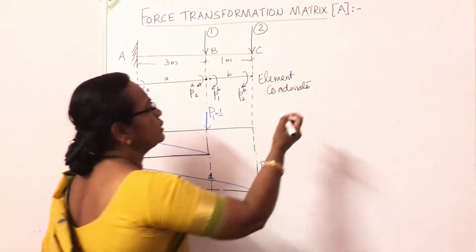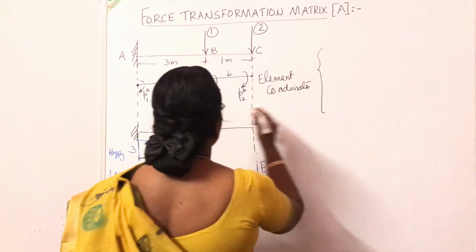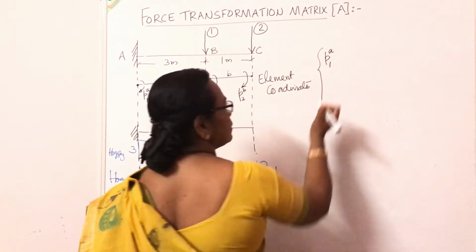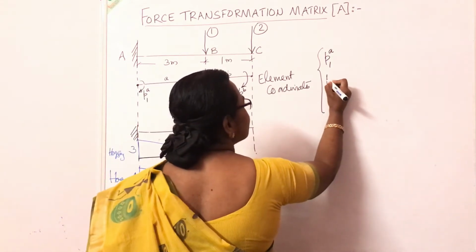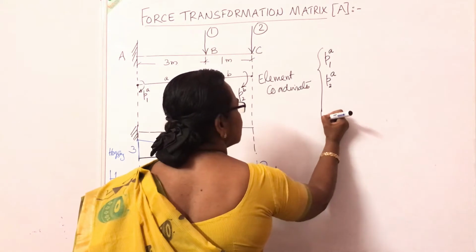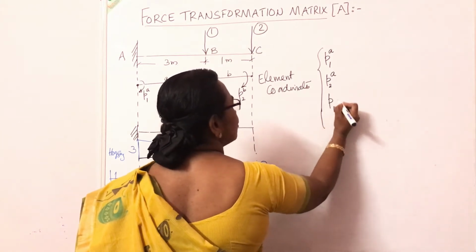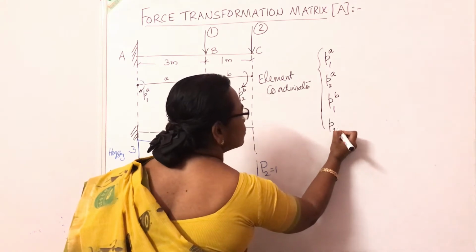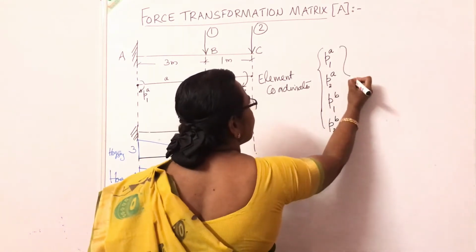Now I am going to write what the element forces are. Force at the first end of element A, P1A. Force at the second end of element A, that is P2A. Force at the first end of element B, P1B. Force at the second end of element B, P2B.